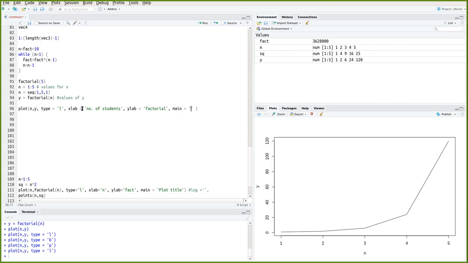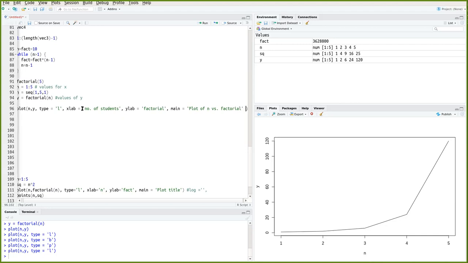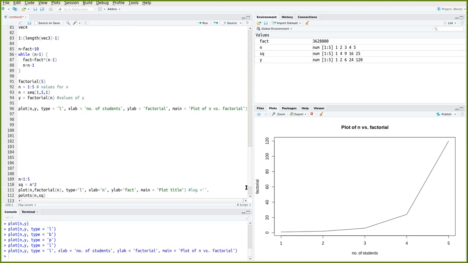So you can say, my plot of n versus factorial, something like that. Now I do Control-Enter. So you see here you get factorial, number of students, and the plot of n versus this.